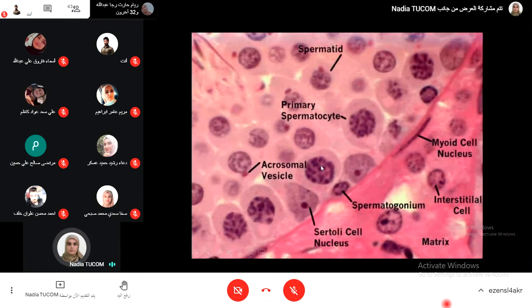A quick review: the germ cells look like large cells because they are immature. When they go to the lumen, they become more mature till the formation of mature spermatid and spermatozoa. The interstitium contains the interstitial cells, Leydig cells, and matrix.